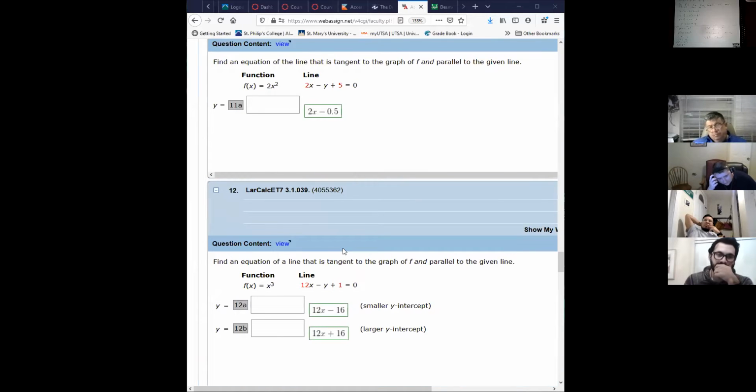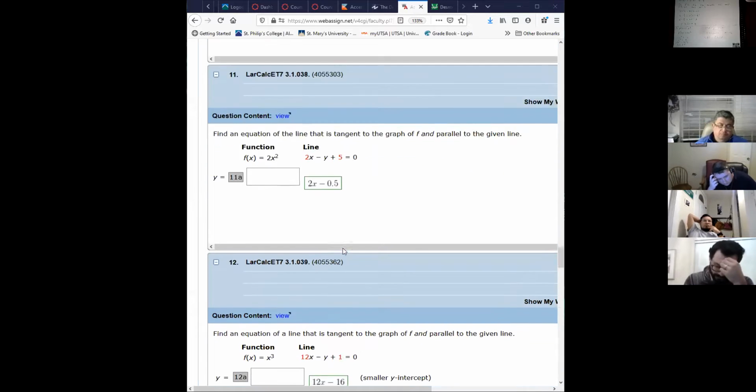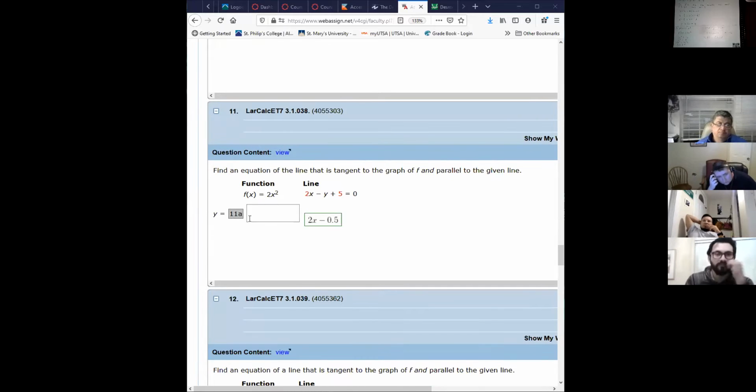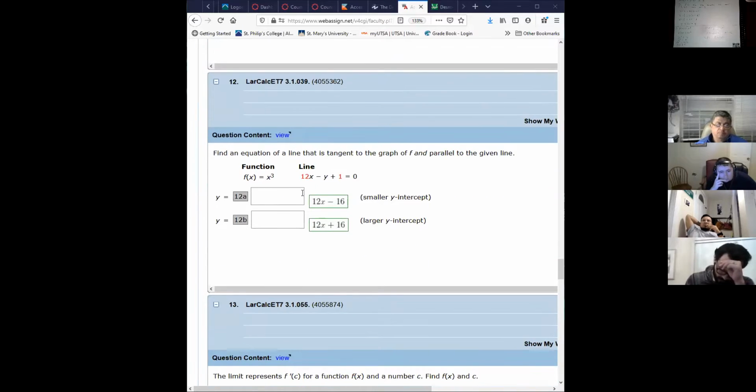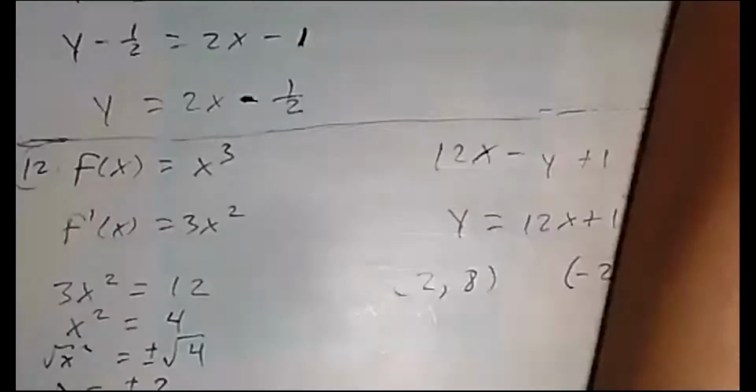Still a little confused. Did you understand the last one? Yeah, I got it. So do the exact same thing you did here, but you're going to have two different x values. The reason you need two x values is because you have the plus or minus 2, which comes from the square root of the 4.